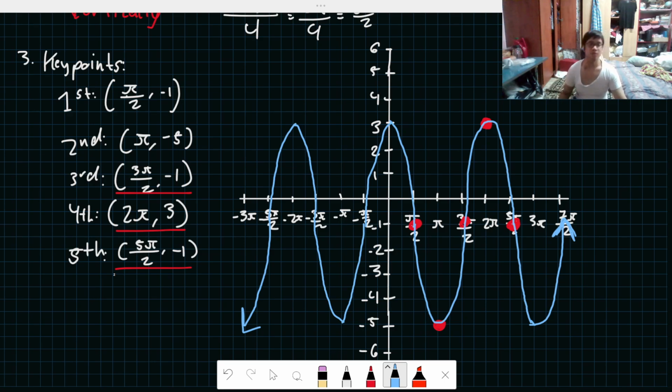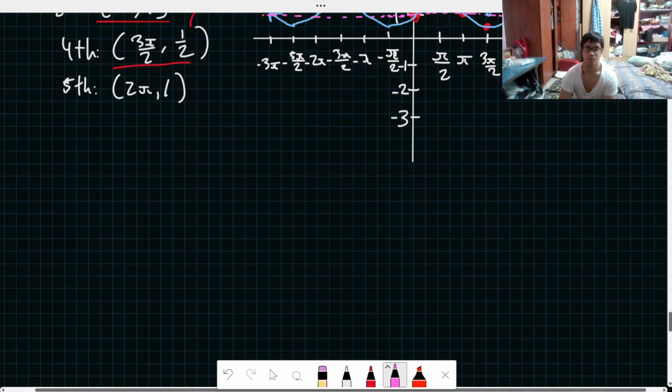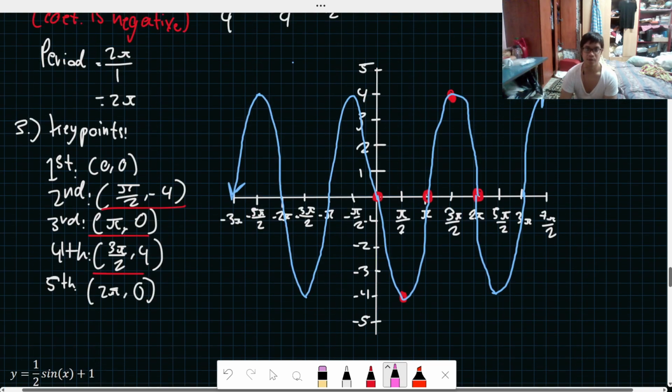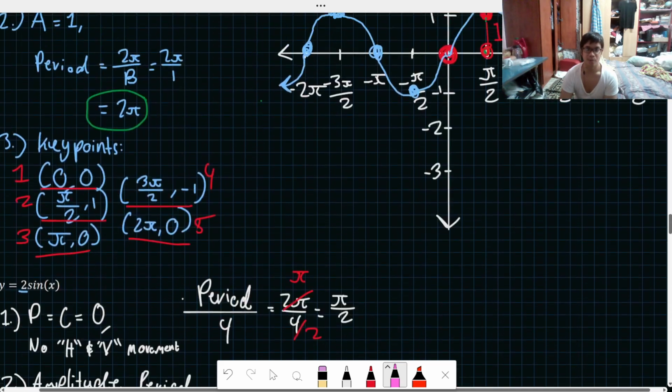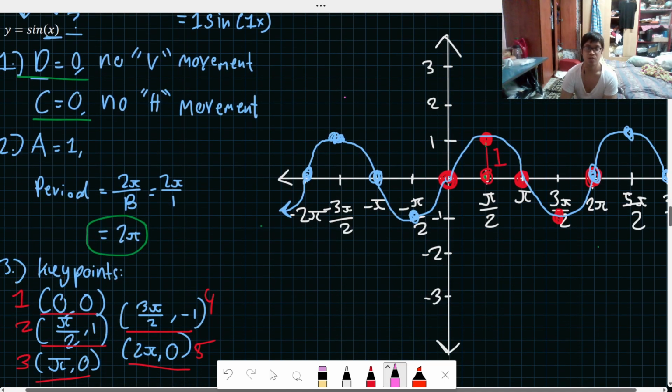Now, if you take a look closely, let me just use a pink color here. Compare that to the previous examples we graphed. Let's start from the very beginning, the graph of sine x. You see the midline is here, on the x-axis.